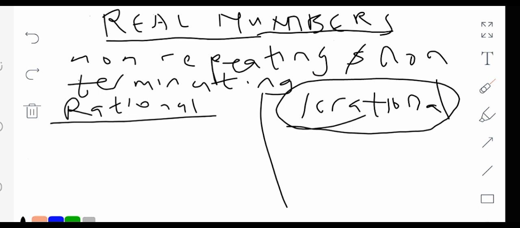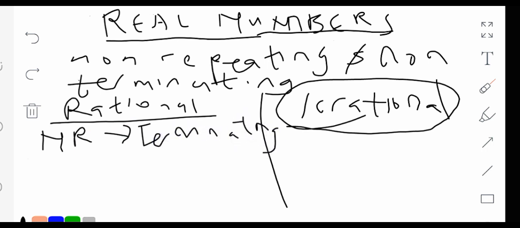I gave you an example. There are numbers that are non-repeating but terminating. When they are like this, we cannot say they are irrational numbers.